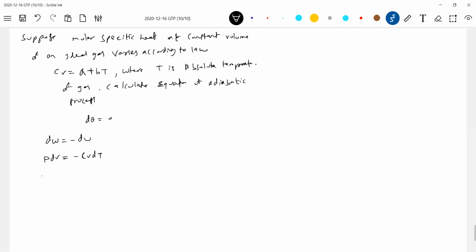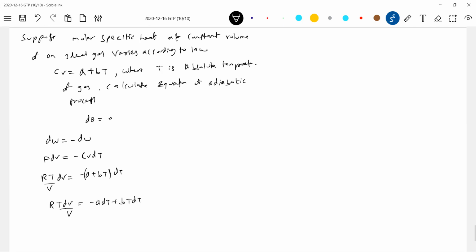So P equal to, this will be RT by V, choosing 1 mole so that it will be easy. CV you can write as A plus BT, then dT. Let me simplify this. This will be RT dV by V minus A dT minus BT dT.